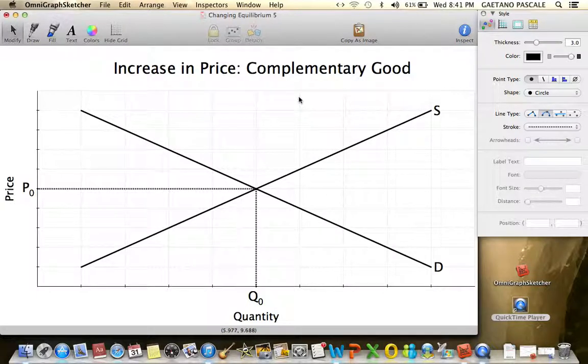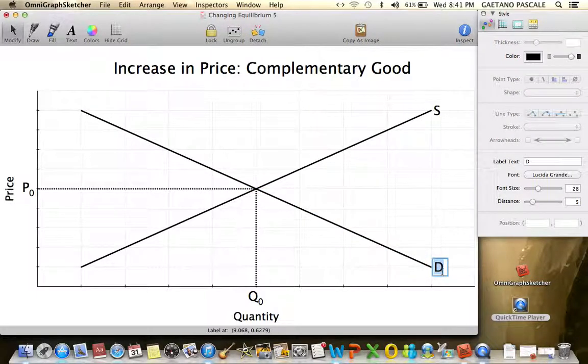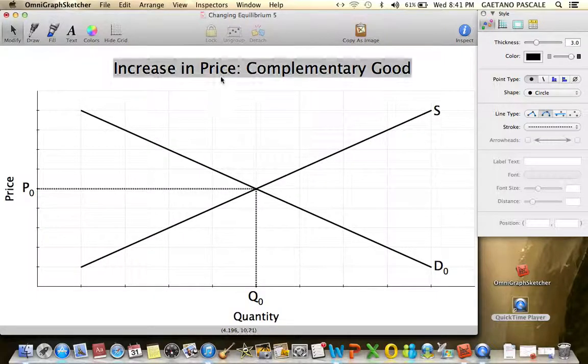So realize that. We have our original demand, and since it is a change in the price of a complementary good, that is a determinant of demand. I know that the demand curve is going to change. When the price of a complementary good increases, they move in opposite directions, so this increase in the price of the complementary good will cause demand to decrease.